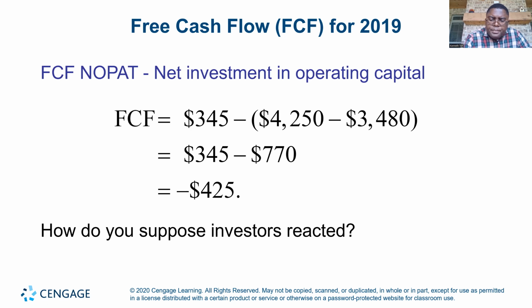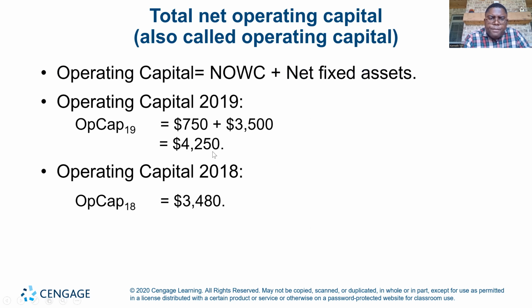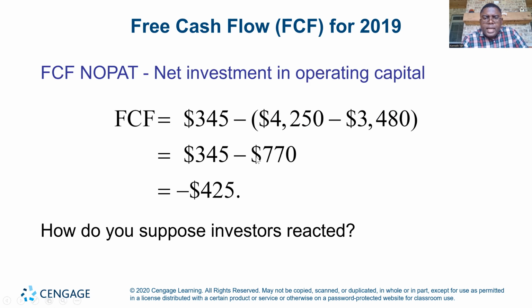So step 4 is basically the total net operating capital for the current year minus the total net operating capital for the previous year, and that gives us 770 million.